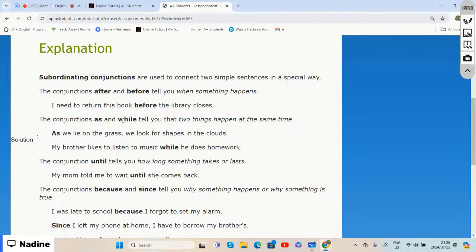Subordinating conjunctions connect two simple sentences, but in a special way.